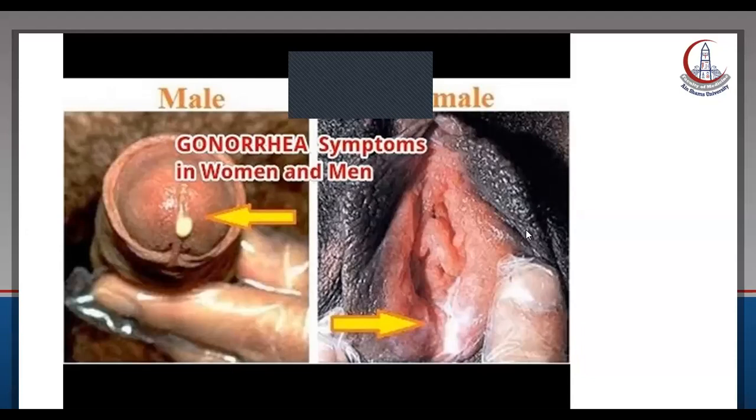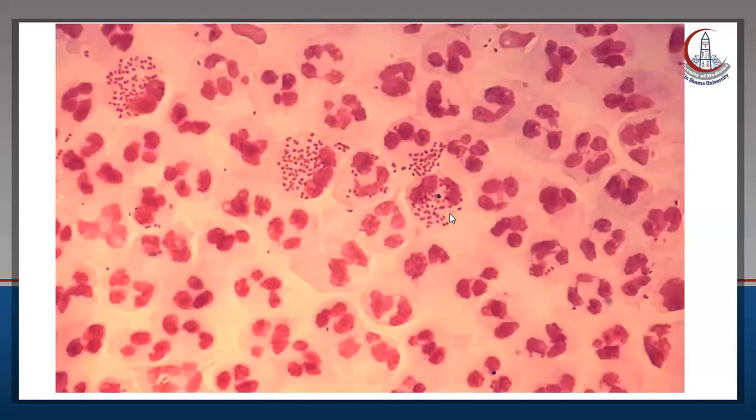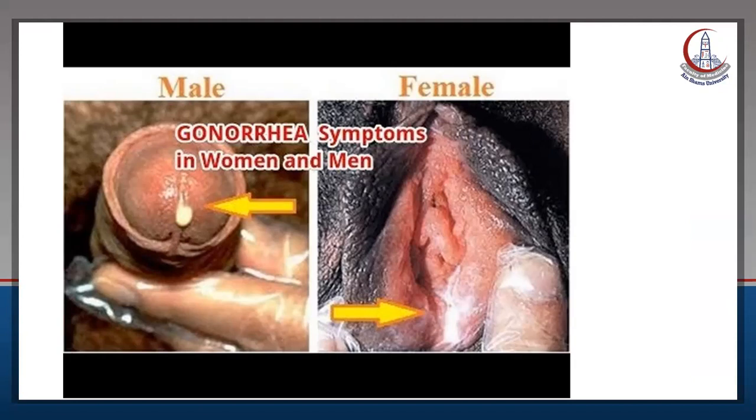In order to diagnose the case, usually the patient is diagnosed clinically.